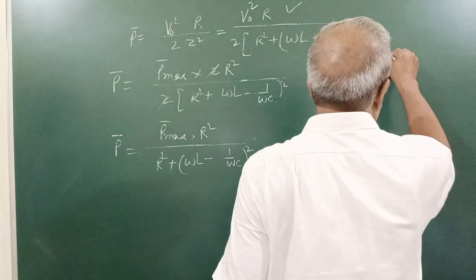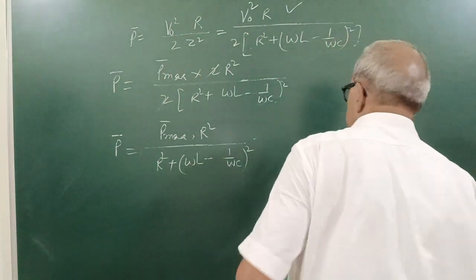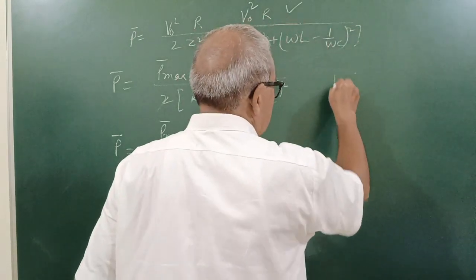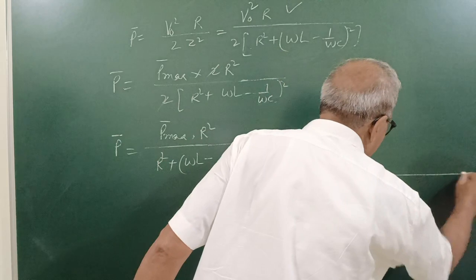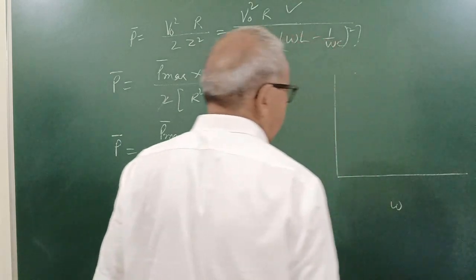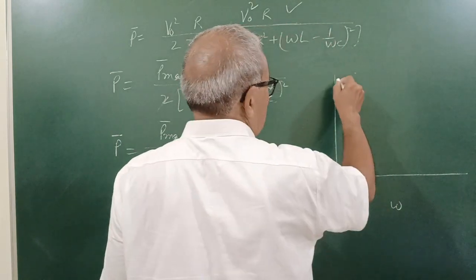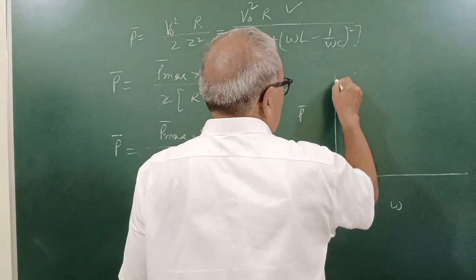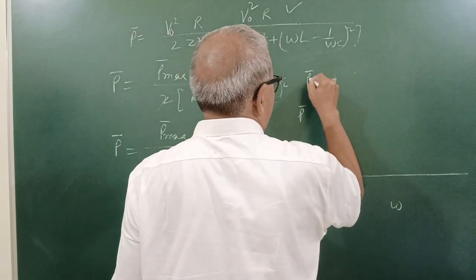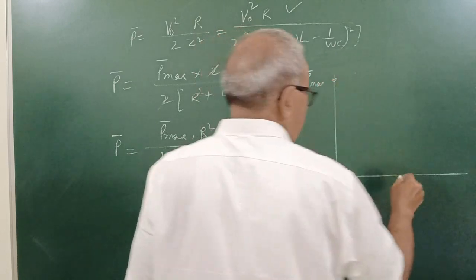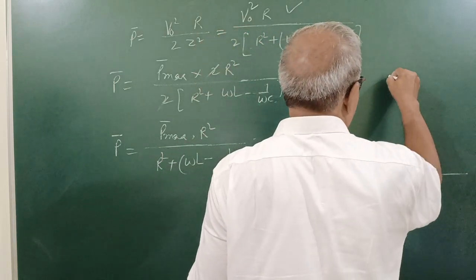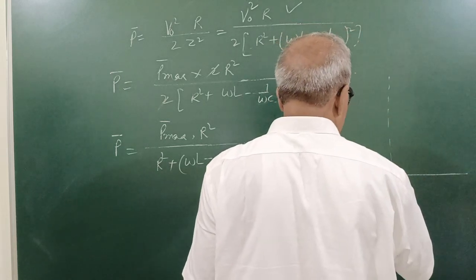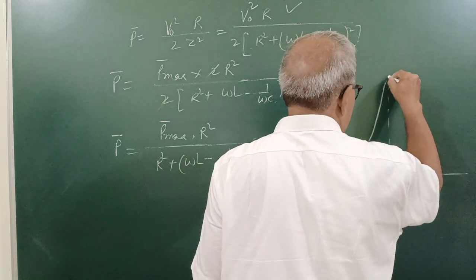And we can plot a graph here between omega, or you can take frequency, and P bar. It is P bar maximum at omega equal to omega r, and then the graph is obtained like this.